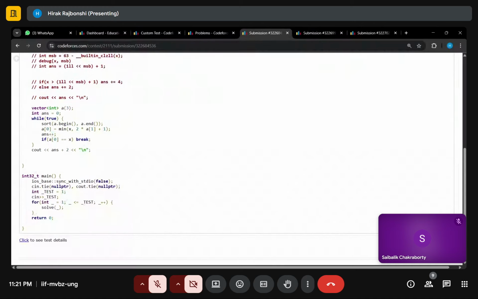When this value is equal to x, we simply come out of the loop. The second and third crystals can then be charged directly up to level x, so I add 2 to the answer. So I think this is clear.